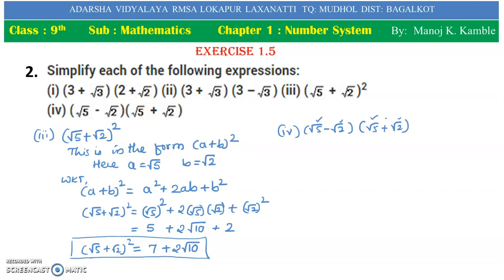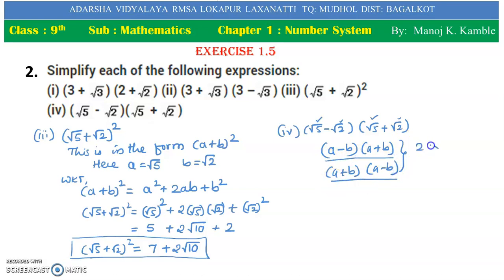Here the first bracket is given as a minus and the second bracket as a plus, but both are the same. In multiplication we can write in interchanged form. Don't be confused: a minus b into a plus b, or a plus b into a minus b, both are the same.